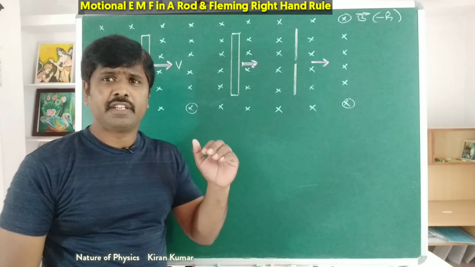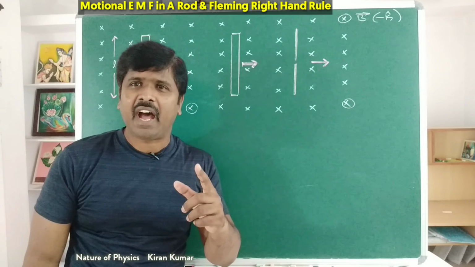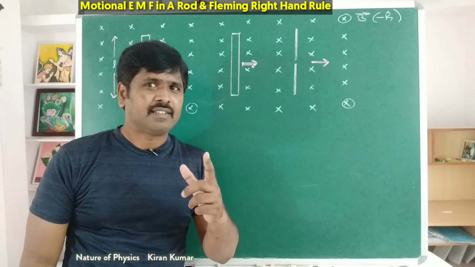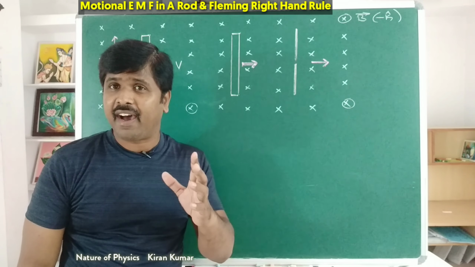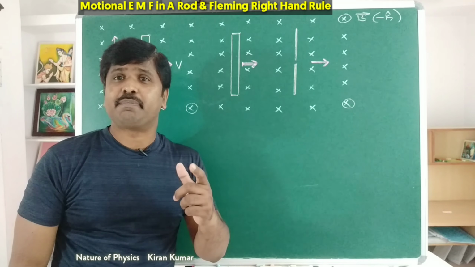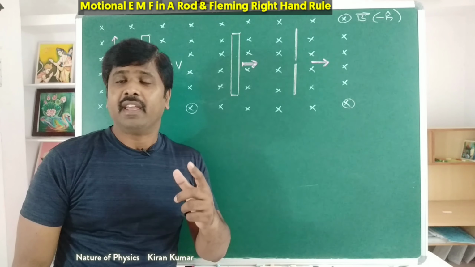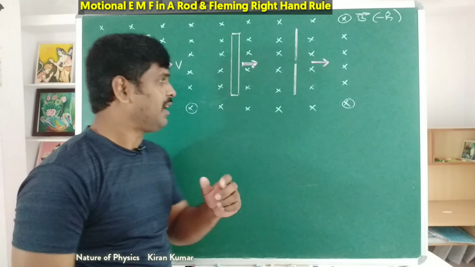Whenever the conductor is moving with a velocity v in a uniform magnetic field, the conductor has free electrons and positively charged ions. That is where the force experienced by a charged particle moving in a uniform magnetic field comes in.